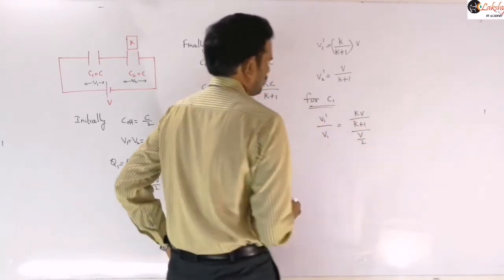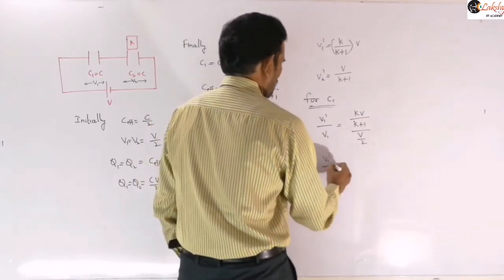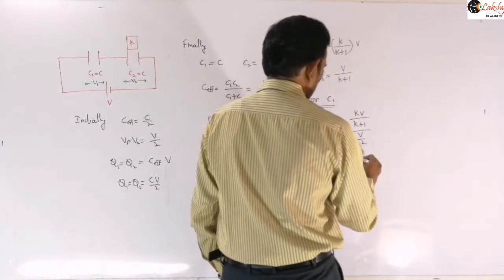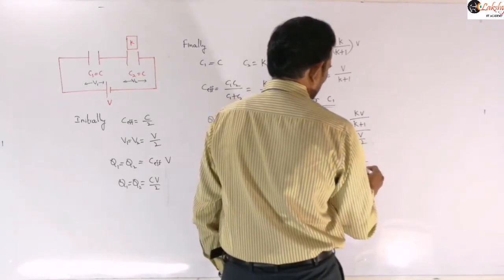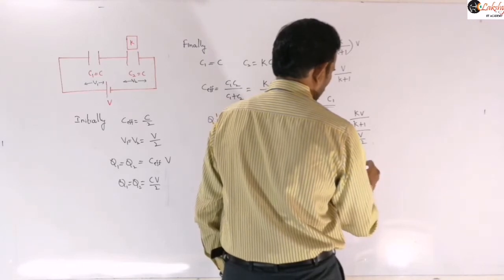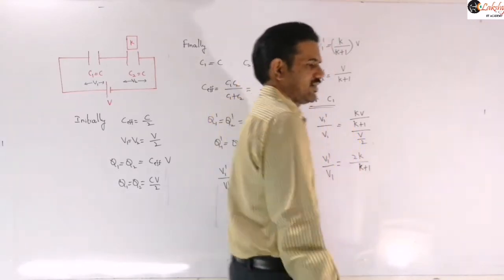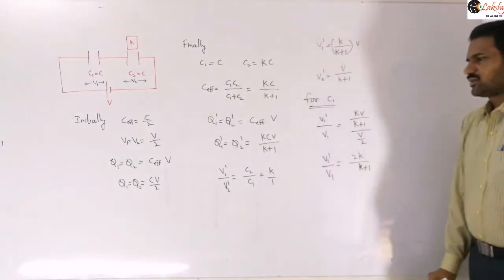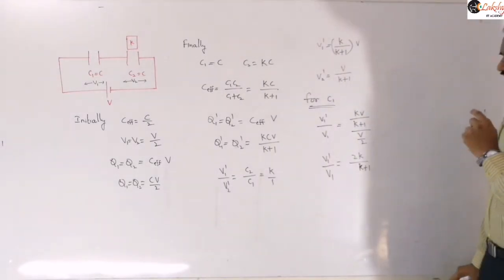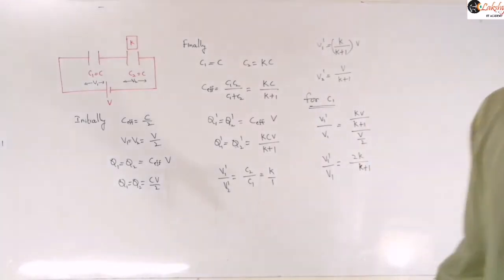So V1 dash by V1 is equal to 2K by K plus 1 you will get. That means the ratio of final to initial potential of C1, that is the ratio.